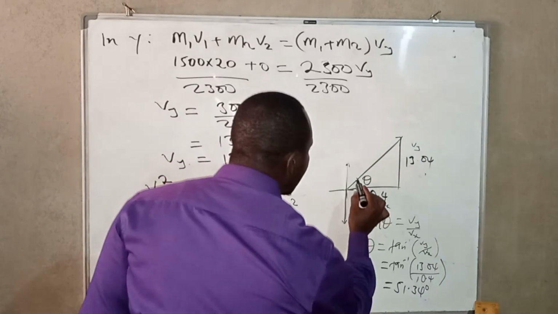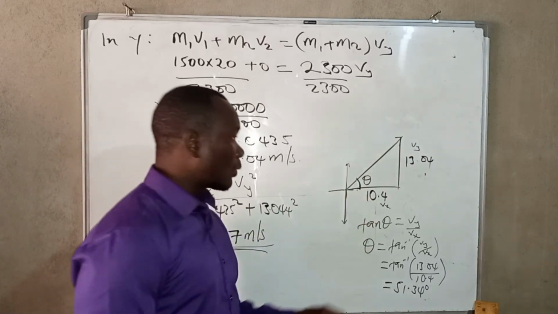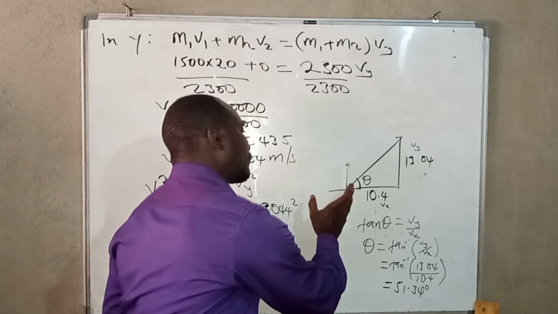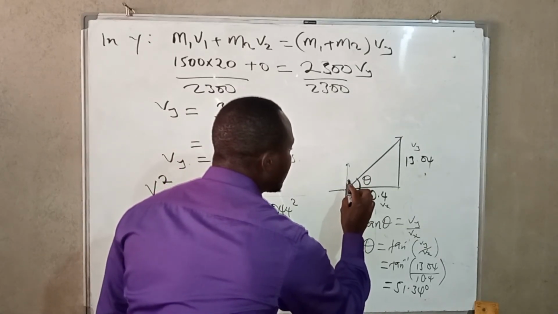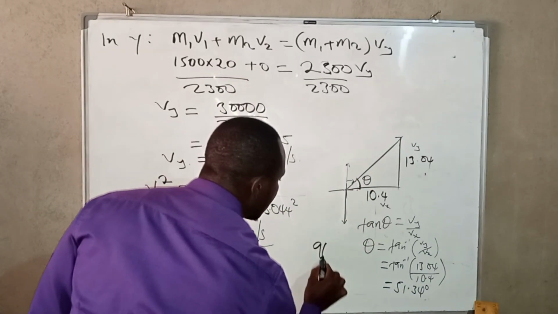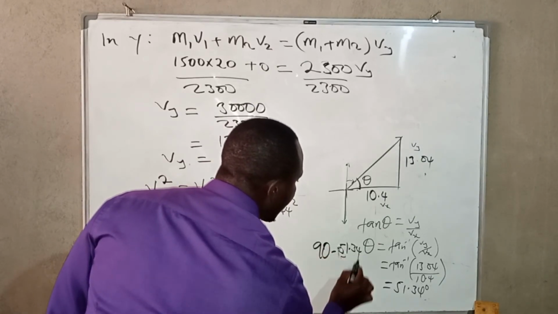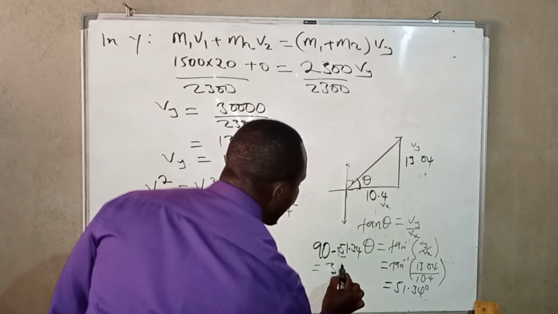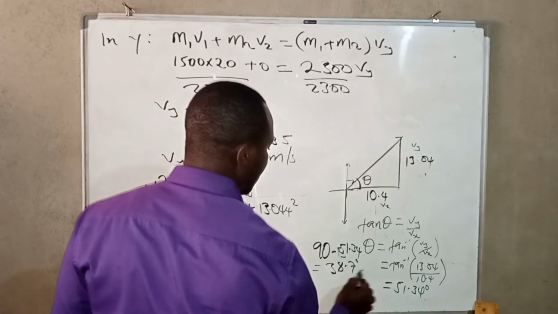Since we have used this with respect to the horizontal axis, from the positive x-axis, we can also find the other angle. It is going to be 90 minus 51.34, which gives us 38.7 degrees.